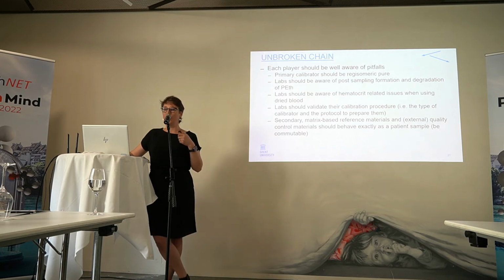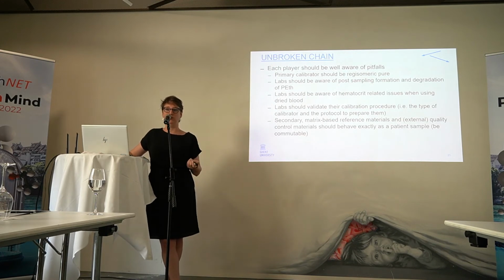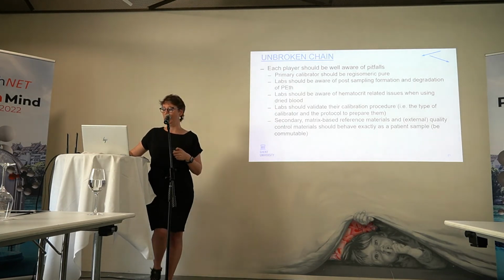I think we've heard and read between the lines that we all struggle with preparing calibrators. What is the best protocol? When do you spike? How much time do you need? Or do you allow it to equilibrate? When do you apply it to a DBS card? And so on.